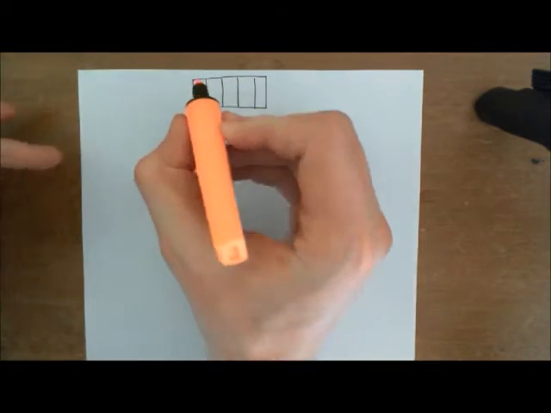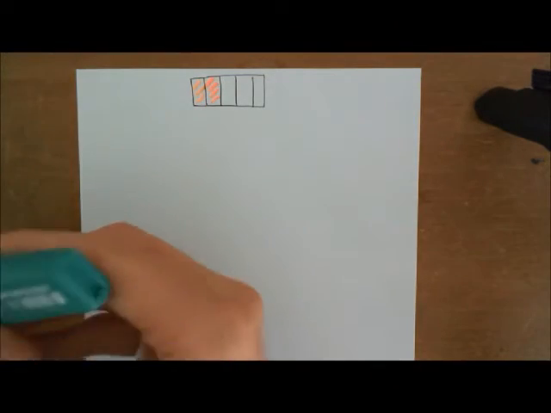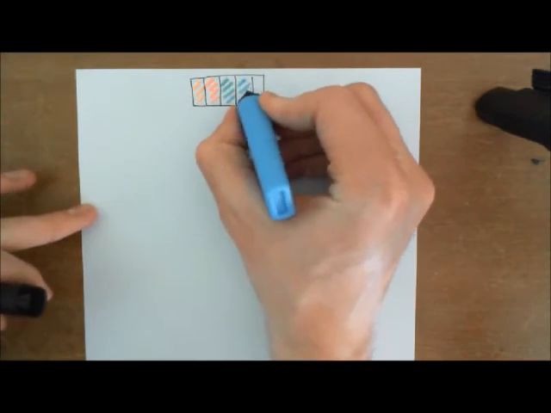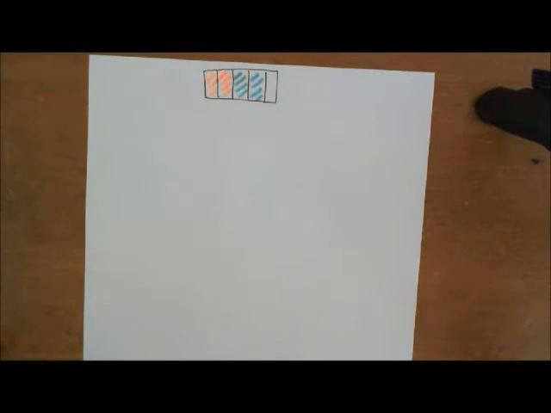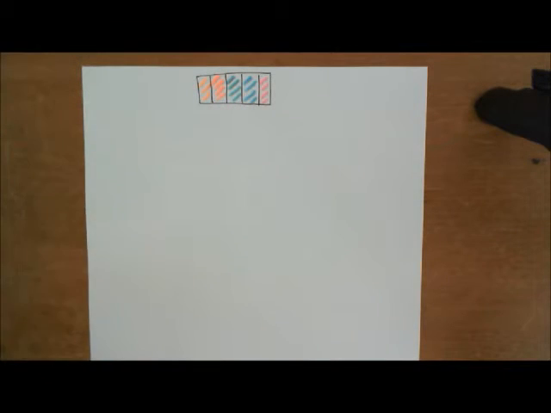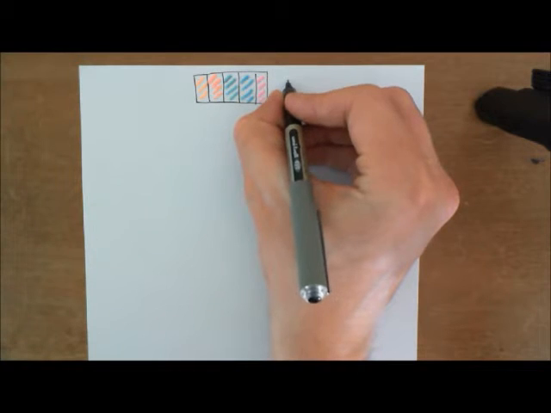So here we've got one subset in orange, then we'll have a subset in red here, the third subset we'll have in turquoise here, okay, the fourth subset we'll have in blue here, and then the fifth and final subset we'll have in pink here. Okay, so the absolutely formal definition of a partition of a set is that a partition itself is a set.